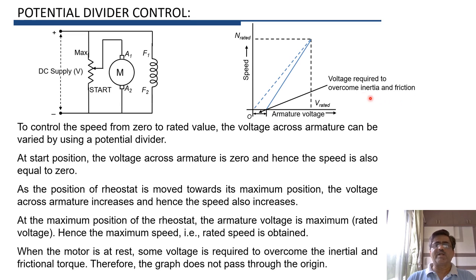So inertial and frictional torque is overcome with the help of this armature voltage, and because of that the curve will not start from origin, but it will start from this point. And as we increase the voltage across armature, speed goes on increasing, and when the voltage is rated, speed is also rated.